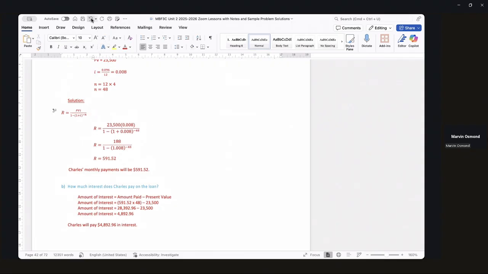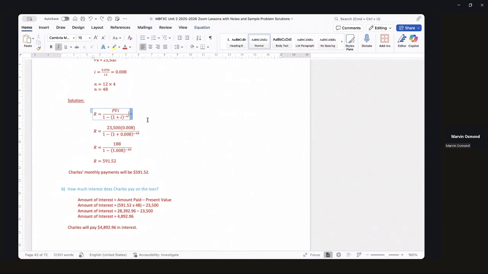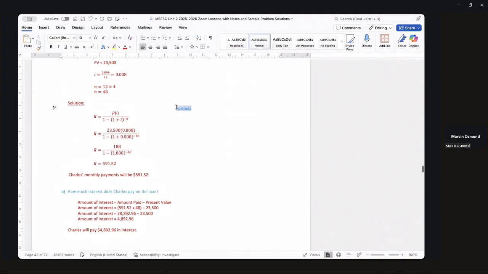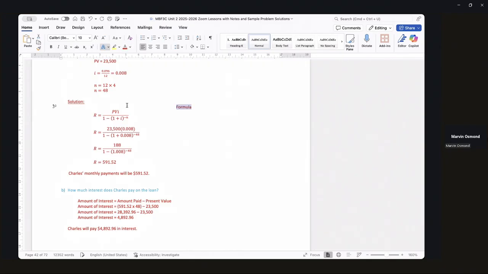So the first step is to do the formula first. Then we're going to do the substitution. Actually, it should be substitutions because it's more than one.